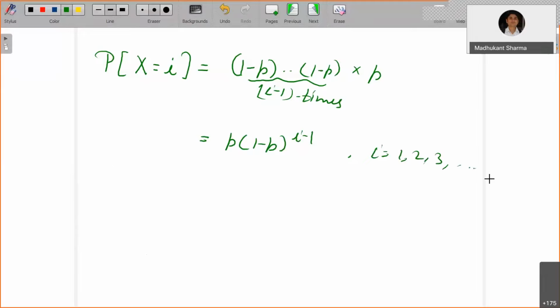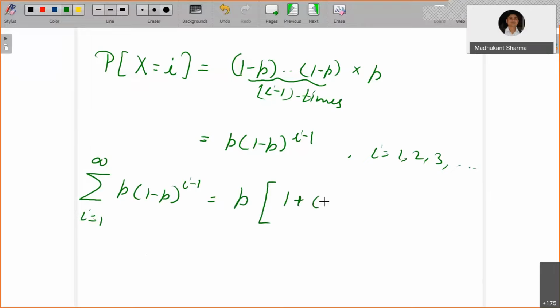Okay, now what is the sum, summation i equals 1 to infinity of P times 1 minus P to the power i minus 1? P comes out, and this is 1 plus (1 minus P) plus (1 minus P) whole square plus (1 minus P) whole cube and so on.